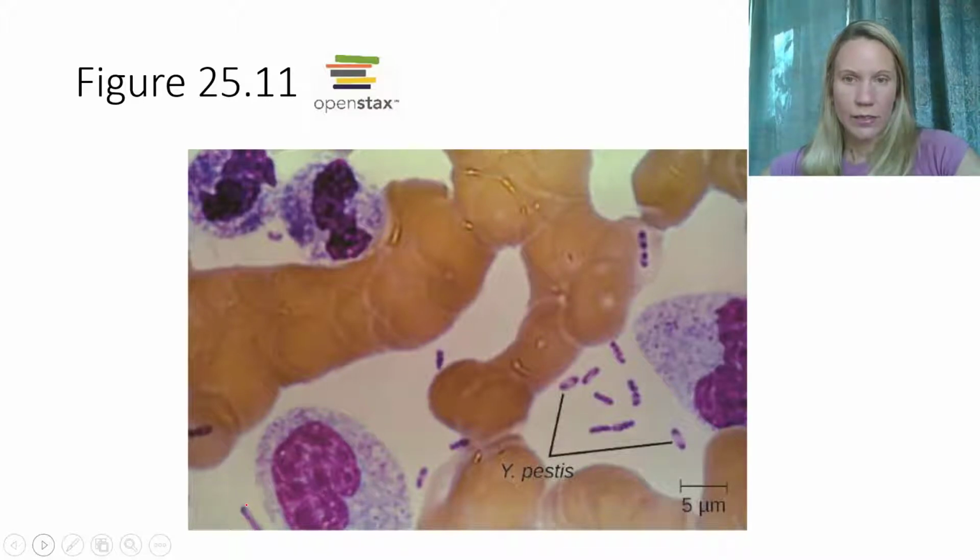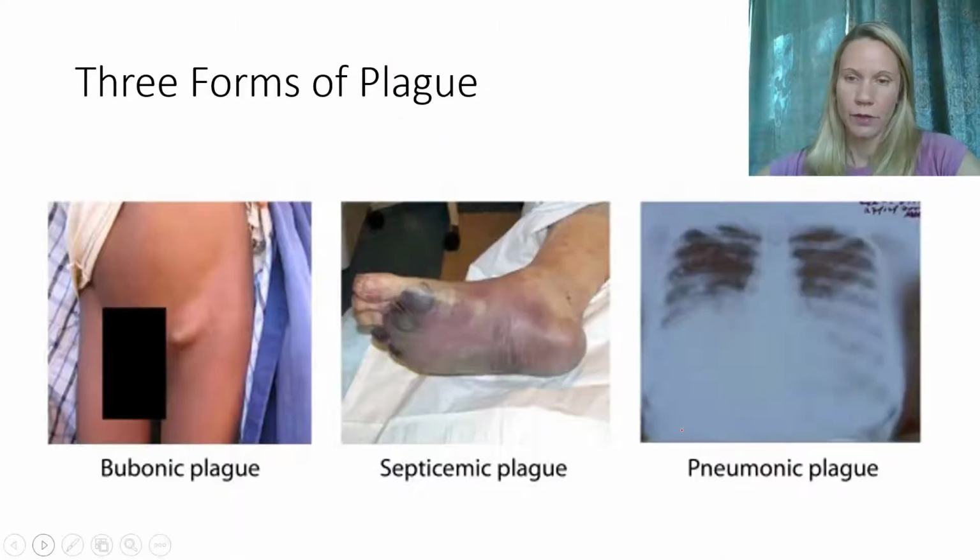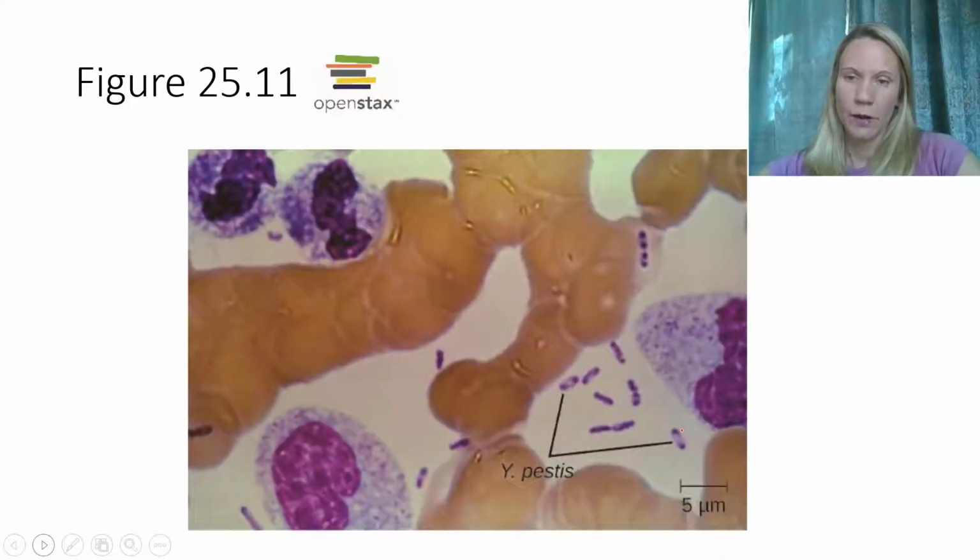So here we're seeing the Yersinia pestis bacteria in a blood stain, and we're seeing white blood cells in the midst here. Looks like we have some monocytes and some neutrophils. So remember the virulence trait.